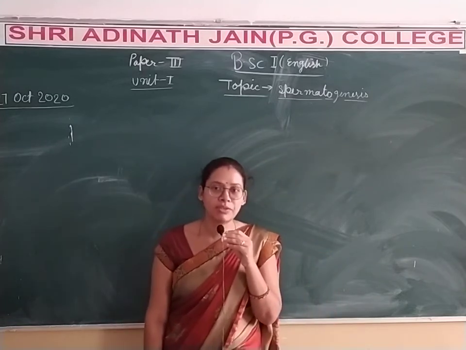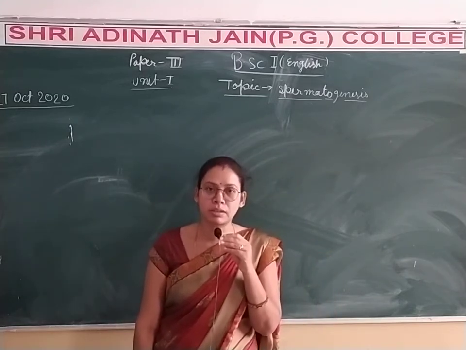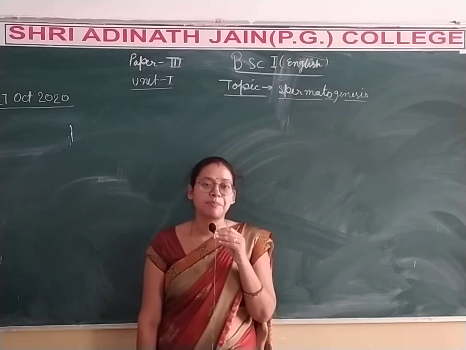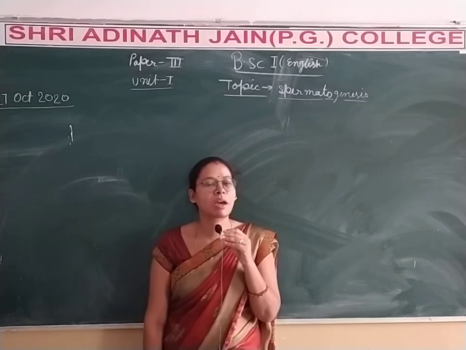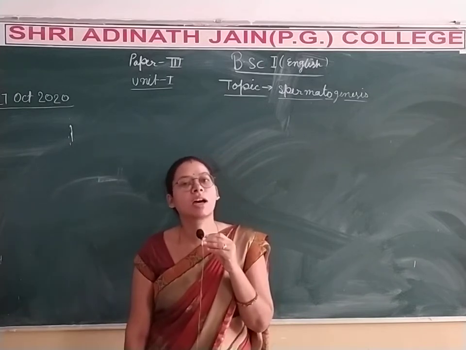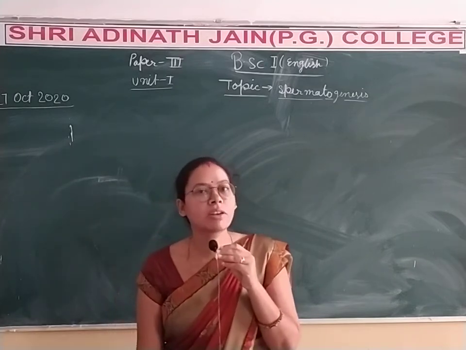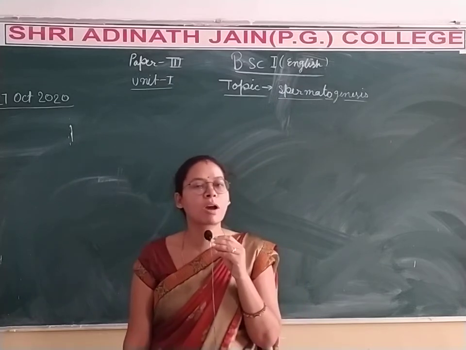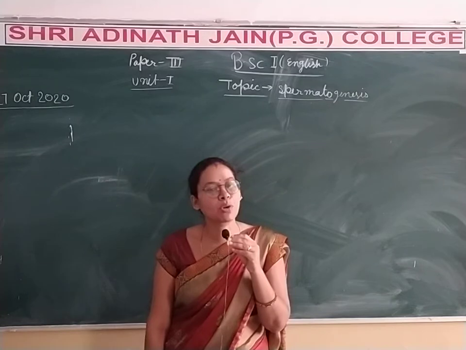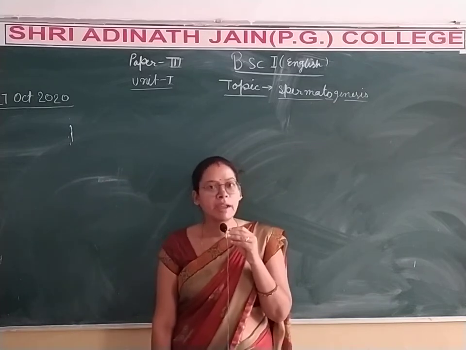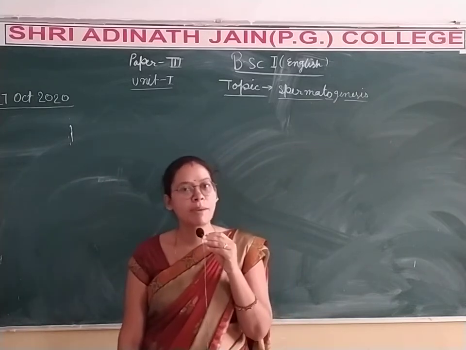As you know, we have started the Zoology paper third, and the name of this paper is Development Biology. In Development Biology we have started the first unit, and in it we have done some classes related to the introduction of embryology. Then we started spermatogenesis.